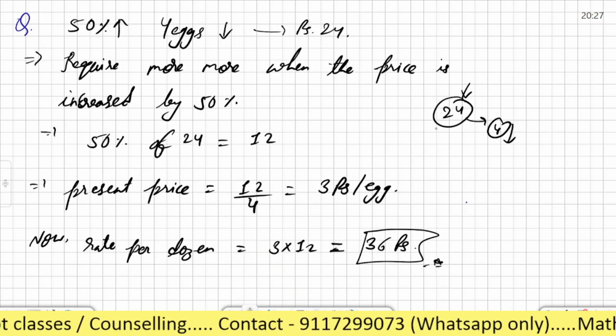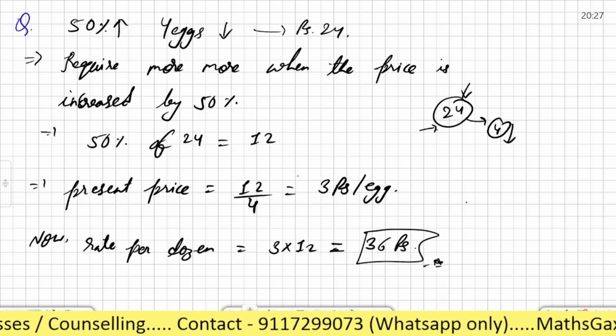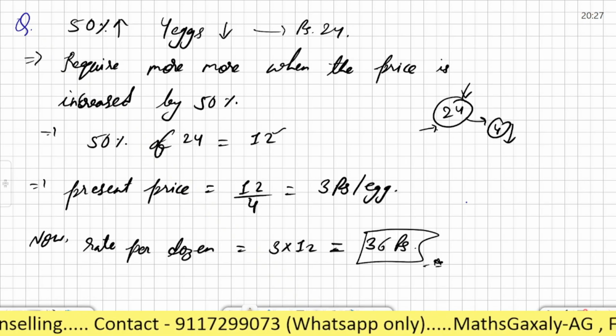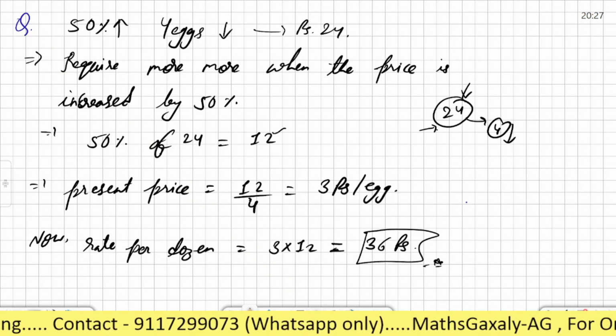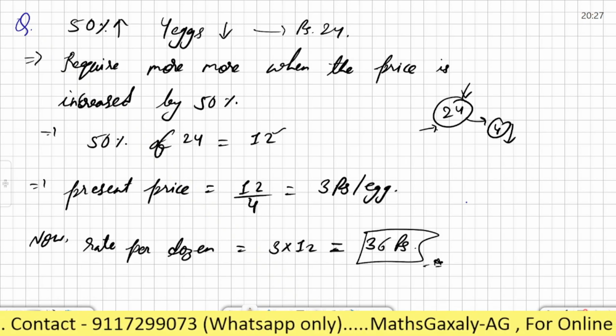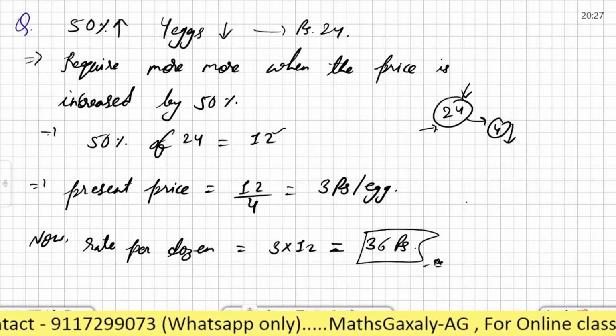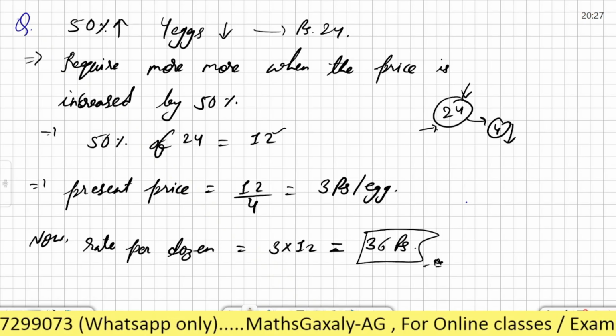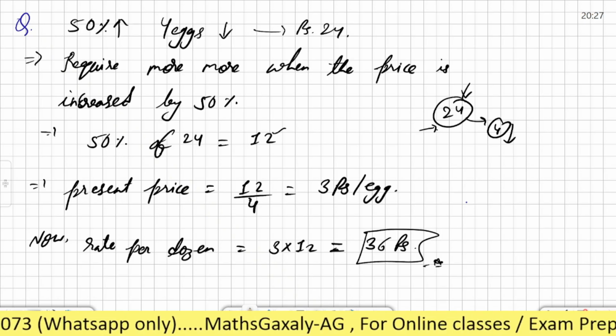So we have to find 50% of 24, that is 12, right? And for the increment of 12, we are getting 4 eggs less. It means per egg price will be increased by 3, right? That's why we are getting 4 less.